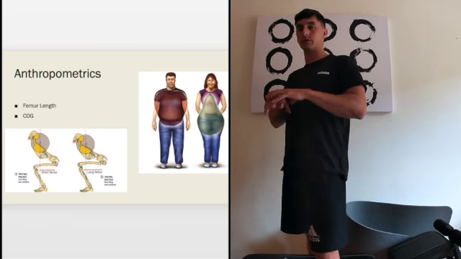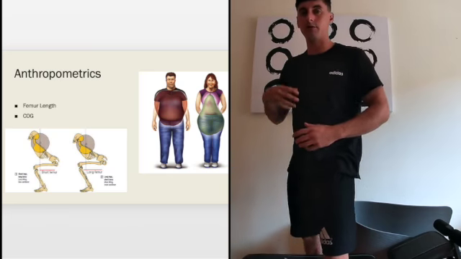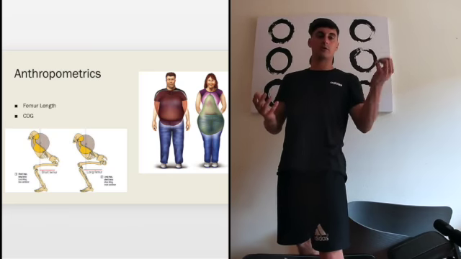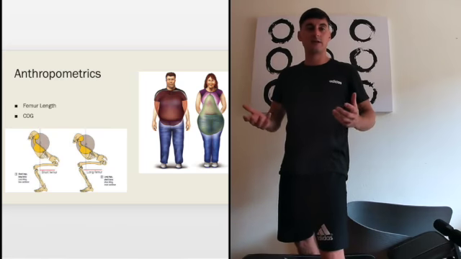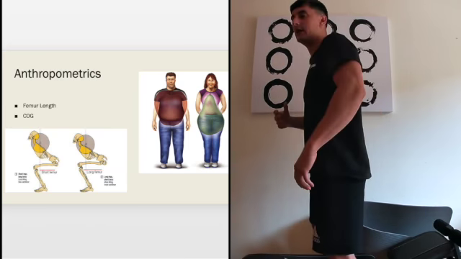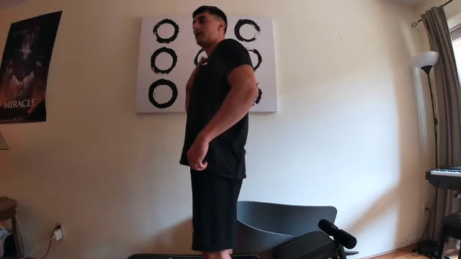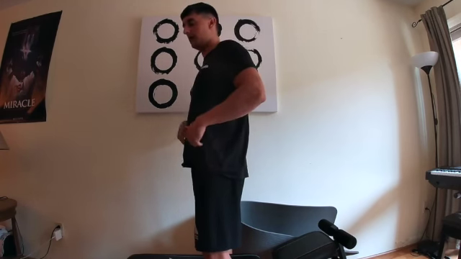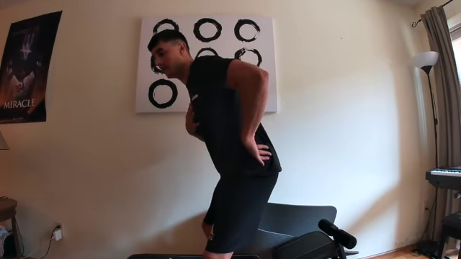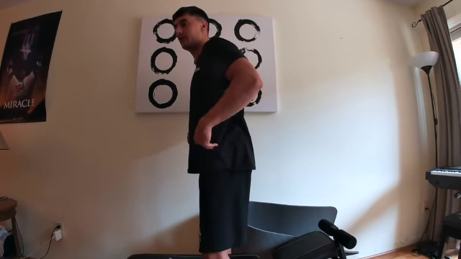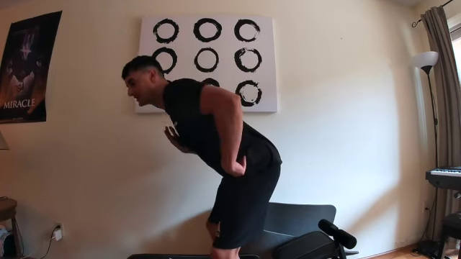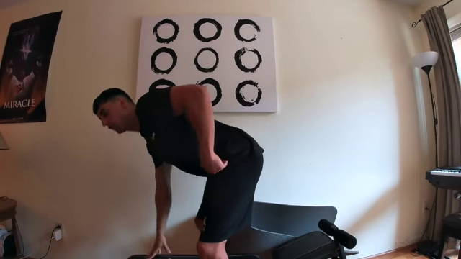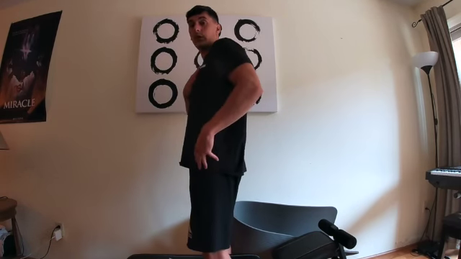Just like that, body weight, or where you hold your body weight, whether it's android or gynoid, is going to affect your squat form as well. If you hold your weight higher, then you not only don't have to counterbalance a lot or use a lot of hip flexion, but you don't want to, because if you go like this, you can fall forward because all your weight's up there.